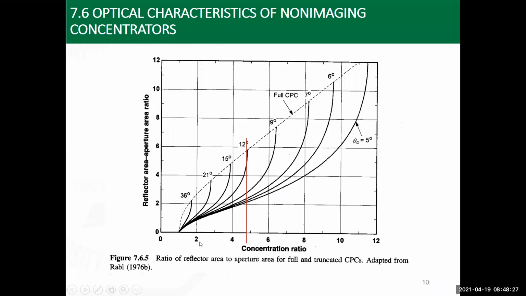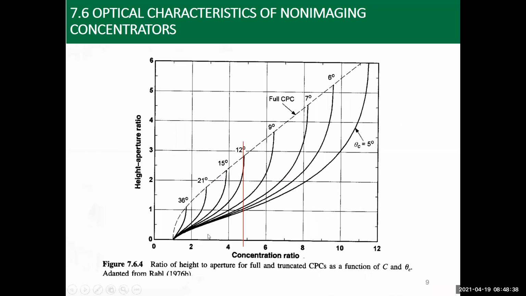You can use it here to get the ratio of the area of the reflector to the aperture area, or to obtain the height, h over a ratio, so that at the value of 2, you construct a vertical line to hit the dashed line that represents the full CPC, move to the left, and then you can get this h over a ratio.